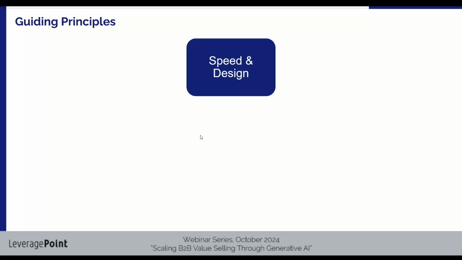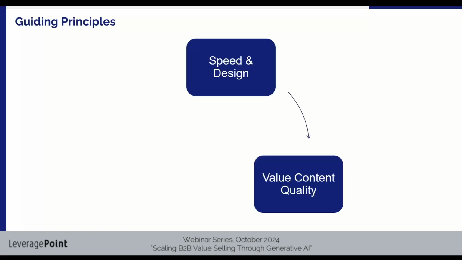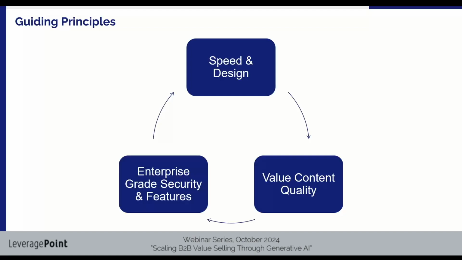So speed, design, value, content, quality, right? We understand value, and through this smart prompt engineering, we can embed the best quantification practices. And finally, and this is really crucial, and it's not something that you saw in the demo today, is enterprise-grade security and features. I should say you saw the security, but you didn't see it for integrating your own content.